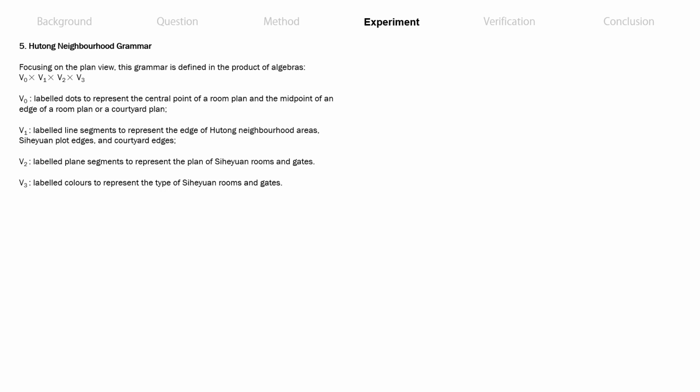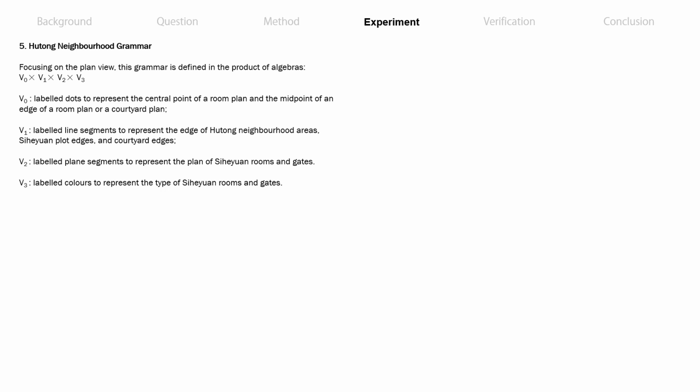The next is the experiment of our grammar. Focusing on the plan view, the grammar is defined in the product of algebras: V0 multiplying V1, multiplying V2, and multiplying V3. V0 indicates labeled dots to represent the central points of a room plan, and the midpoint of an edge of a room plan or a courtyard plan.